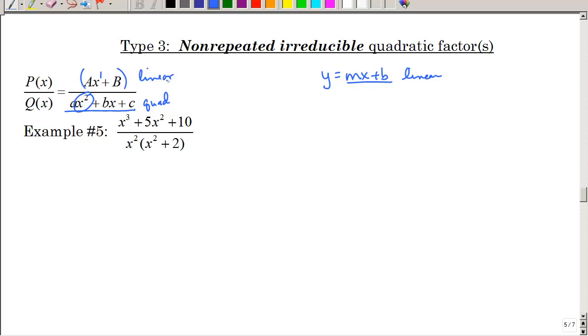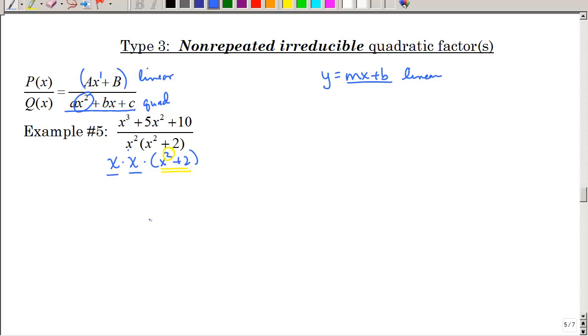So what do we do first? We factor the denominator, which it really is, except I want you to think about x squared being x times x, and then x squared plus 2. It is quadratic because of the x squared, but that cannot be factored any further. So how do we set that up?